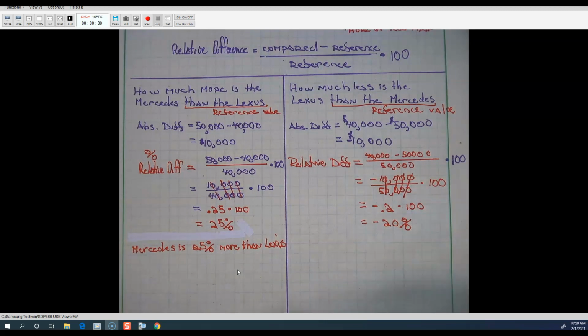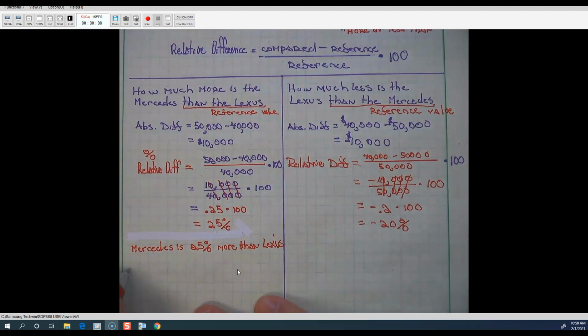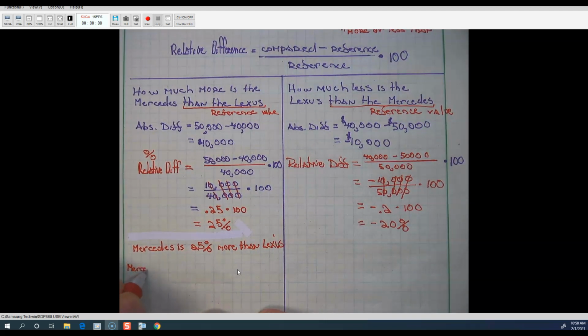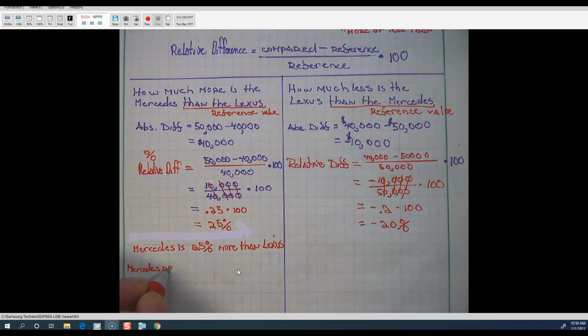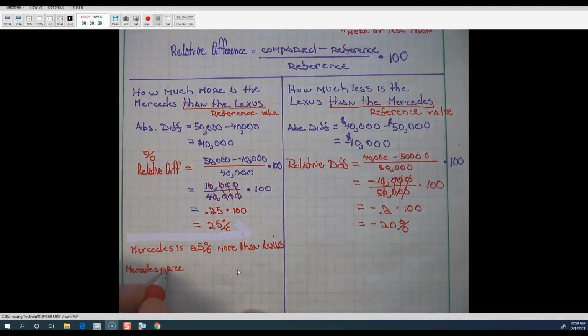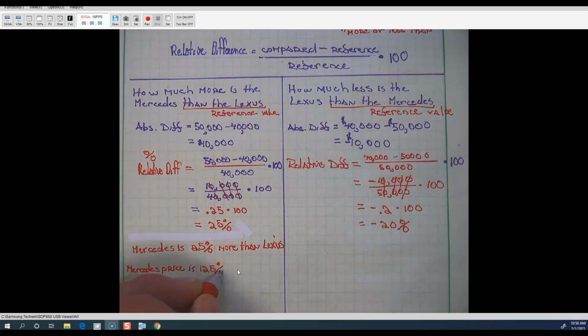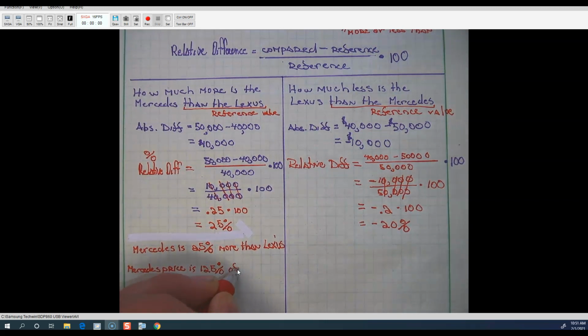Okay, now another way is this: the Mercedes price, if it's 25% more than the Lexus, then its price is 125% of the Lexus's price.